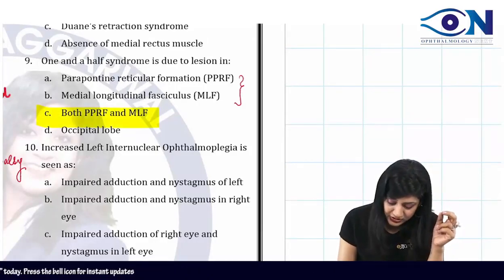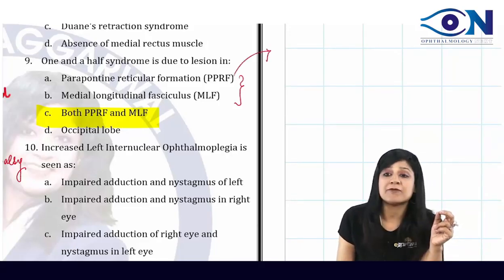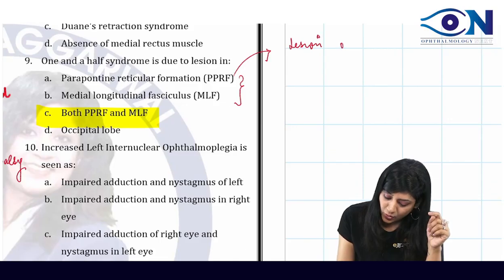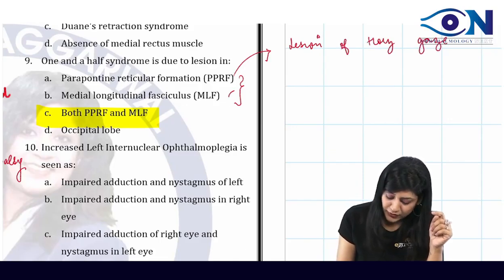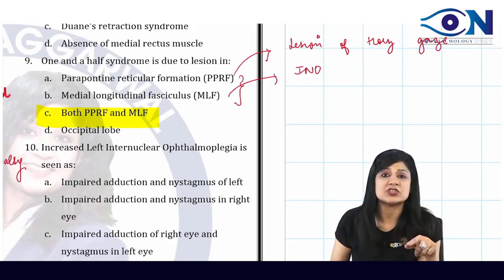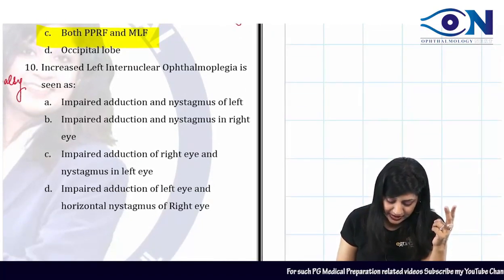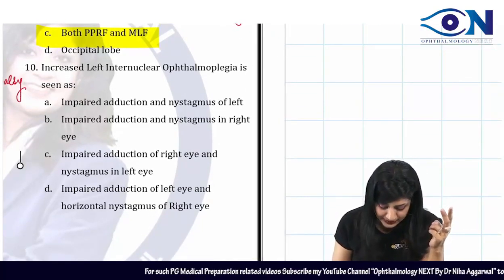When we are having just one thing, like if we have PPRF, it will be the lesion of the horizontal gaze only. If I am having the lesion of MLF, then we will have internuclear ophthalmoplegia. So, when I have the combined lesion, they will give you 1.5 syndrome. Then, left internuclear ophthalmoplegia is seen as.